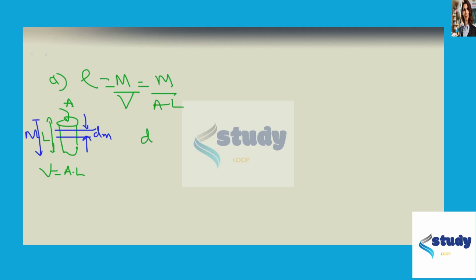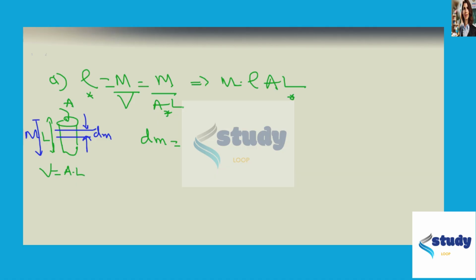At the infinitesimal level, you get to see that the mass becomes rho times AL. But at the infinitesimal level, we don't have L anymore.